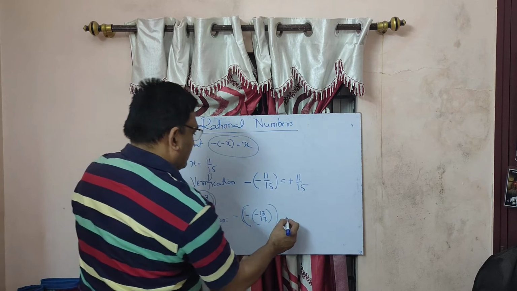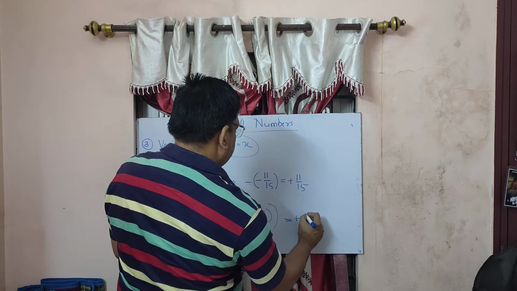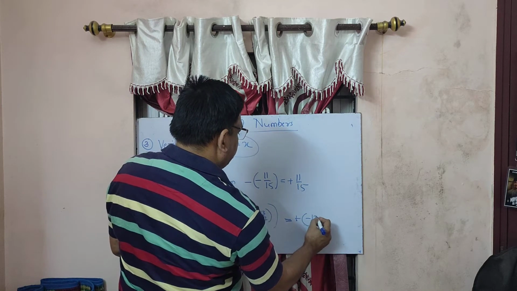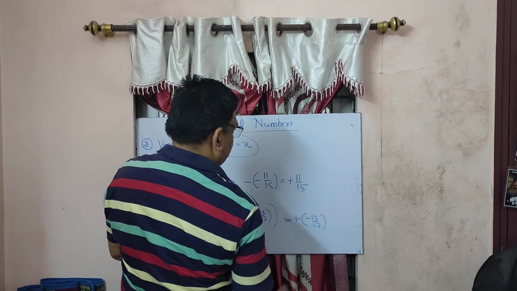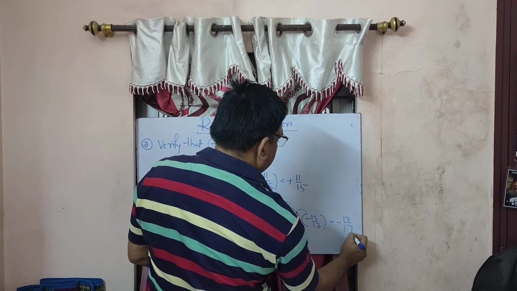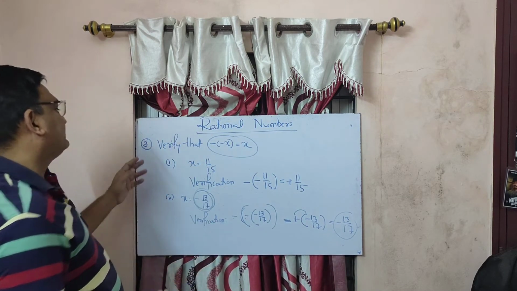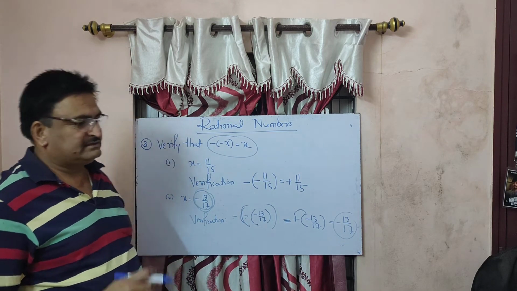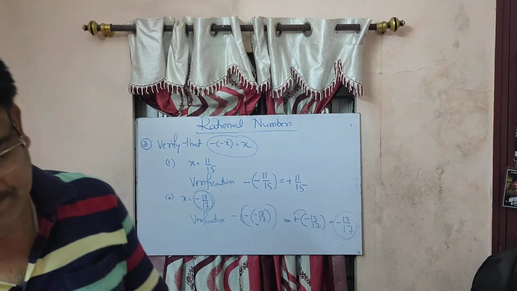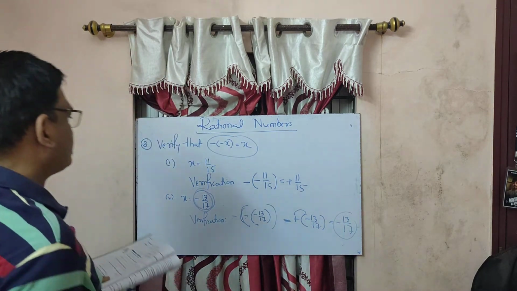Now minus into minus is what? Plus. Minus into minus is plus. And plus into minus 13 upon 17 is minus 13 upon 17. So again we got this one. It means minus of minus of any number is that number itself, whatever they have given. So this is all about the third question. Now we'll move to the fourth question.